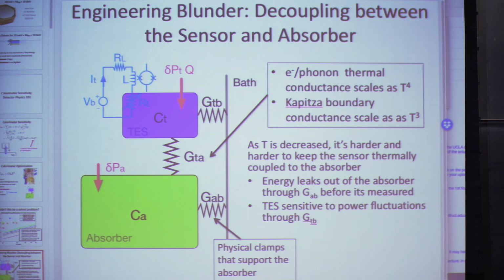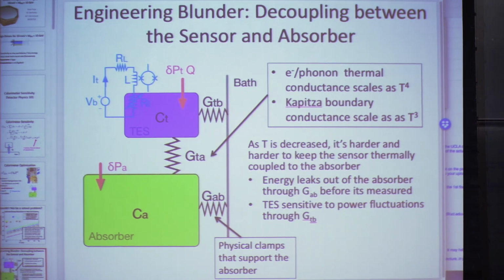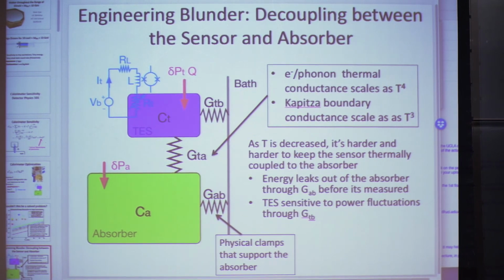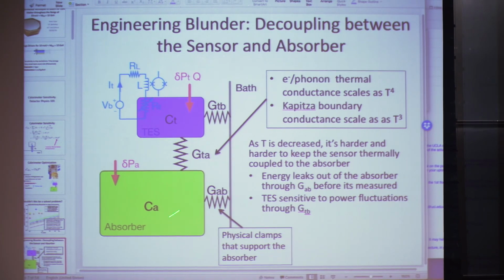And so I have this sensor, and the sensors we all use are electronic systems in some way, shape, or form. So I have energy come in, hits the absorber, it bounces around, it thermalizes, and I have to get it into the electronic system. So here, that energy is in the vibrational system of the absorber, and I have to somehow get it into here and read it out here.